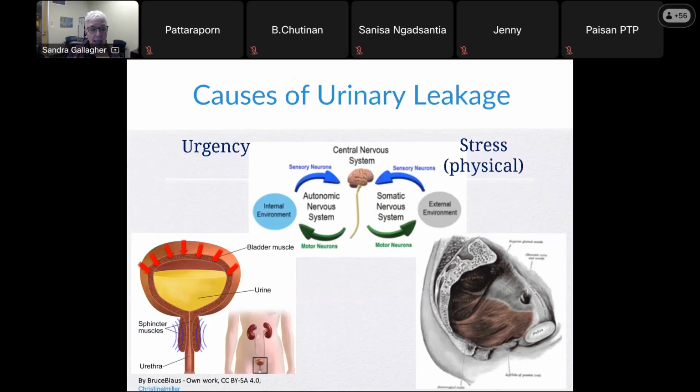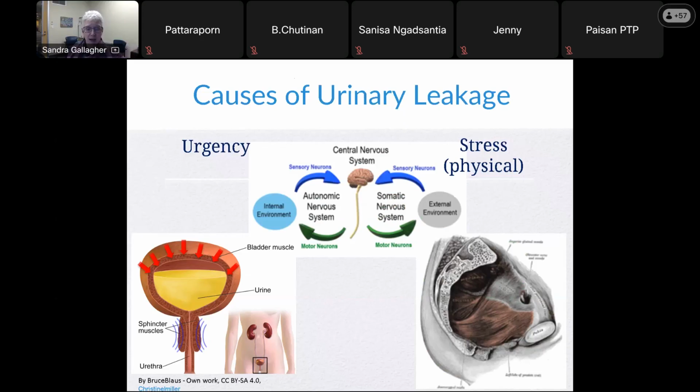Urge-related leakage can be a large amount or the whole bladder emptying. It is generally something that is driven by the internal environment and the autonomic nervous system because the bladder isn't under direct voluntary control.